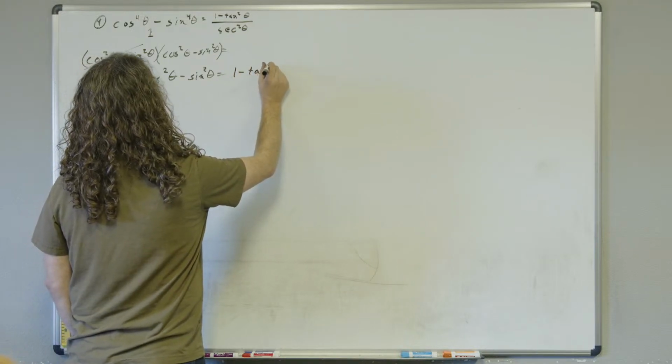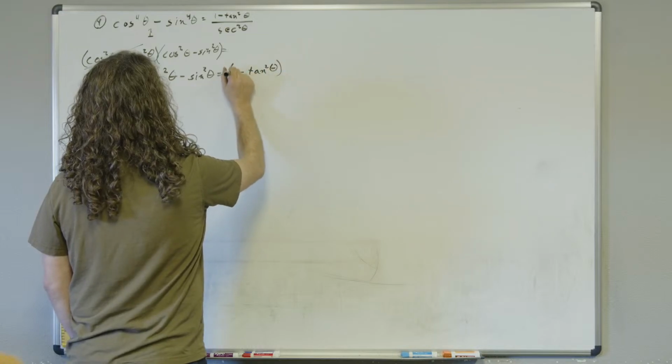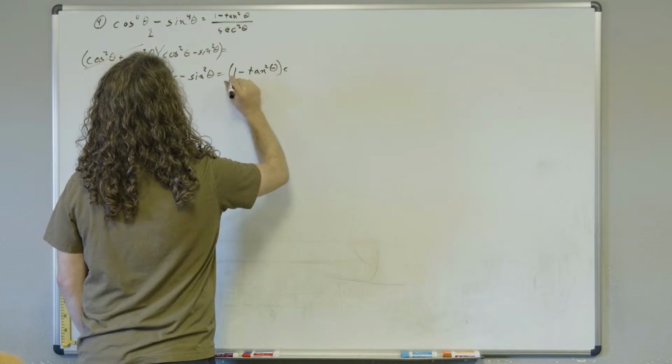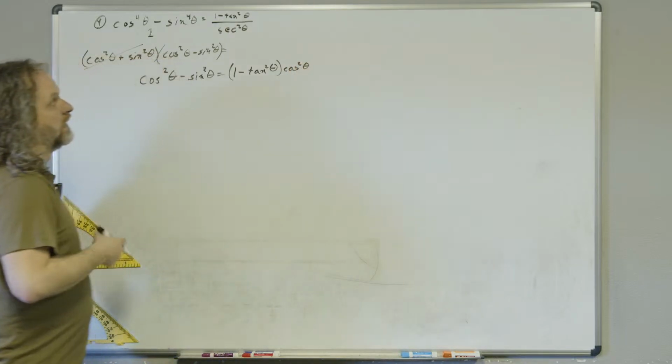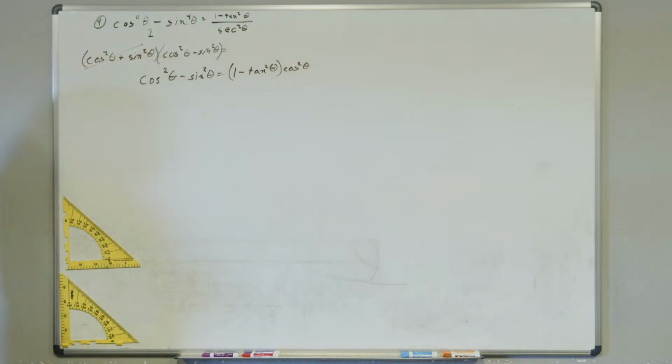It's not illegal. The one thing you have to be careful about is that all of this will be times cosine squared theta. They at least got rid of some fractions. Also, secant squared equals 1 plus tangent squared. It does.